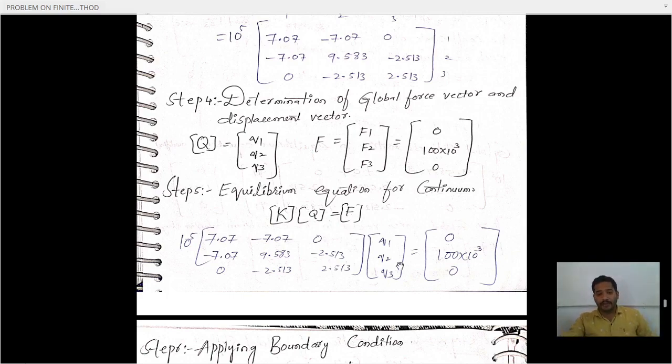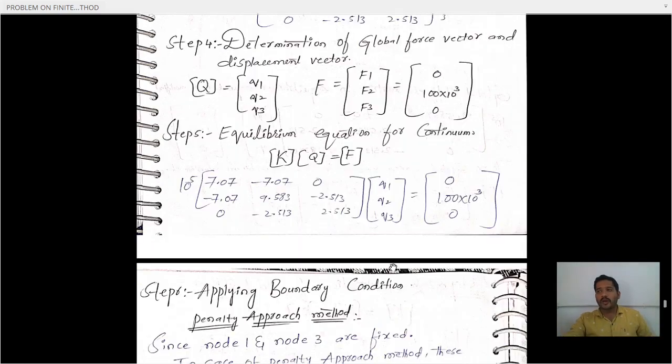After that, we need to find the equilibrium equation for the given continuum: KQ equal to F. The K values are already given: 10 power of 5, 7.07, minus 7.07, 9.583, minus 2.513, 2.513. That is the value of K. Q is nothing but Q1, Q2, Q3, and F is nothing but F1, F2, F3.